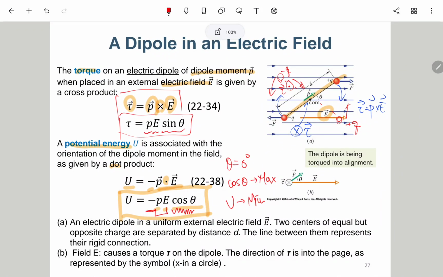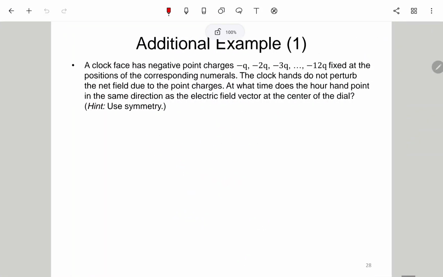We don't try to go too deep. Okay, so here is an additional example. It says a clock face has negative point charges, negative q up to negative 12q, fixed at the positions of the corresponding numerals. The clock hands do not perturb the net field due to the point charges.